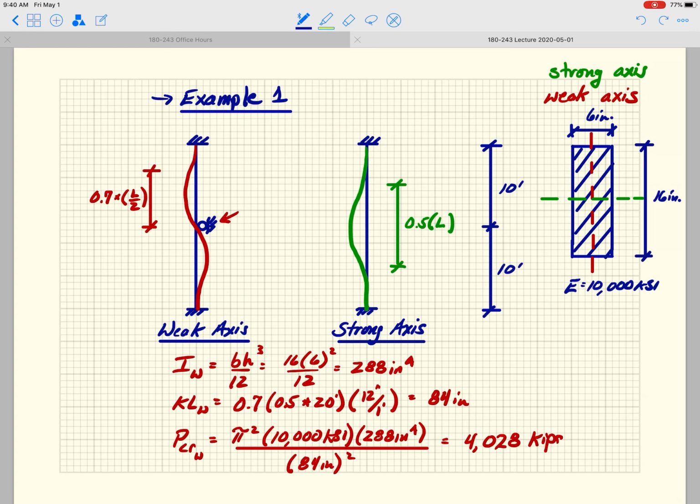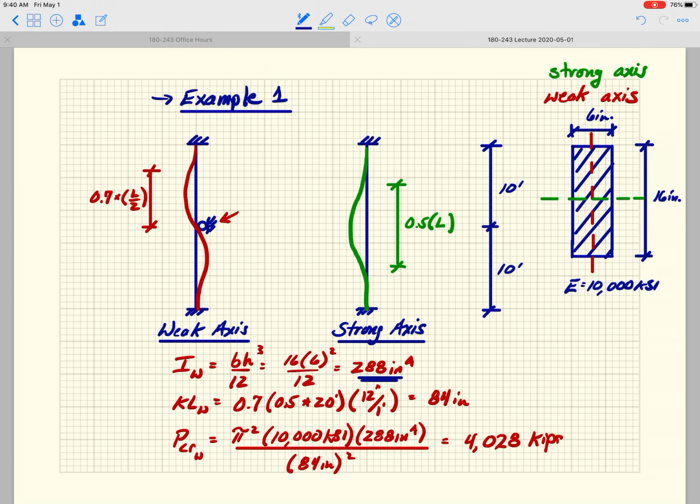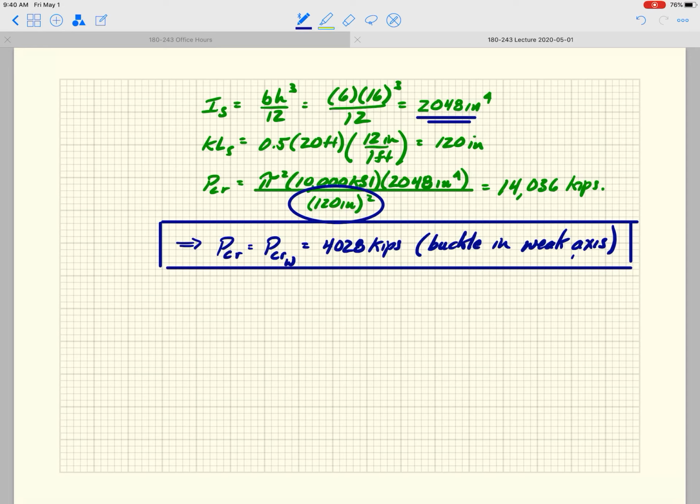So if I look at, for example, this 288 versus this 2048, you would think that the strong axis should have 10 times the buckling capacity. But it doesn't, because this has a denominator of 120 squared, where this guy here has a denominator of 84 squared. So it's a much smaller denominator.